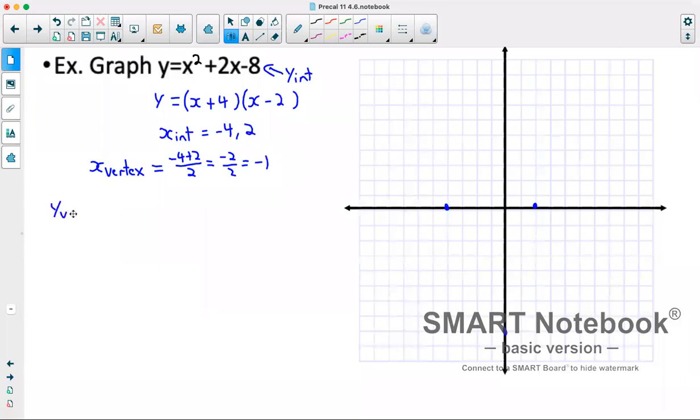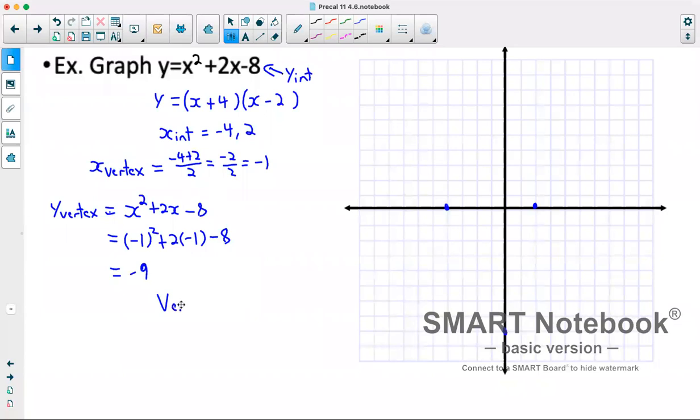Now the y of our vertex we'll solve by putting that x value into our equation x squared plus 2x minus 8. So I have -1 squared plus 2 times -1 minus 8. -1 squared is 1, minus 2 is -1, minus 8 is -9.